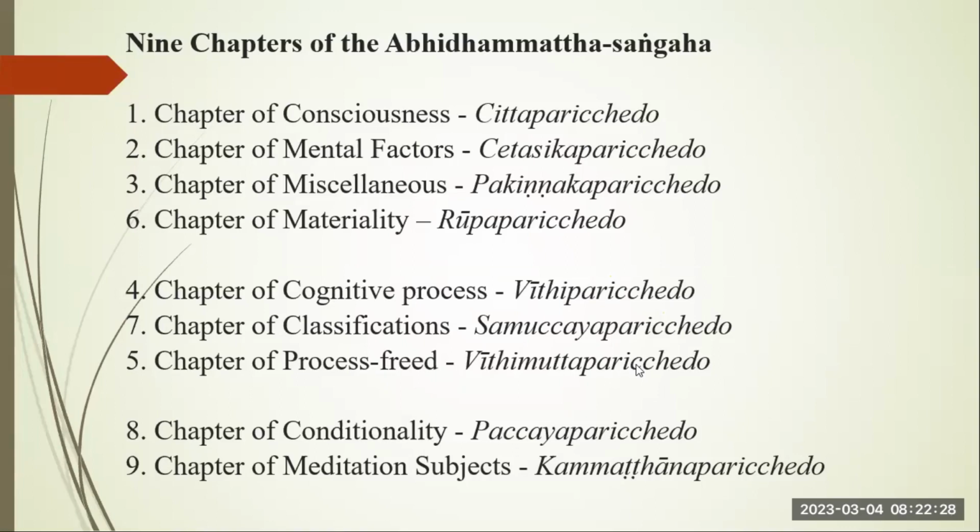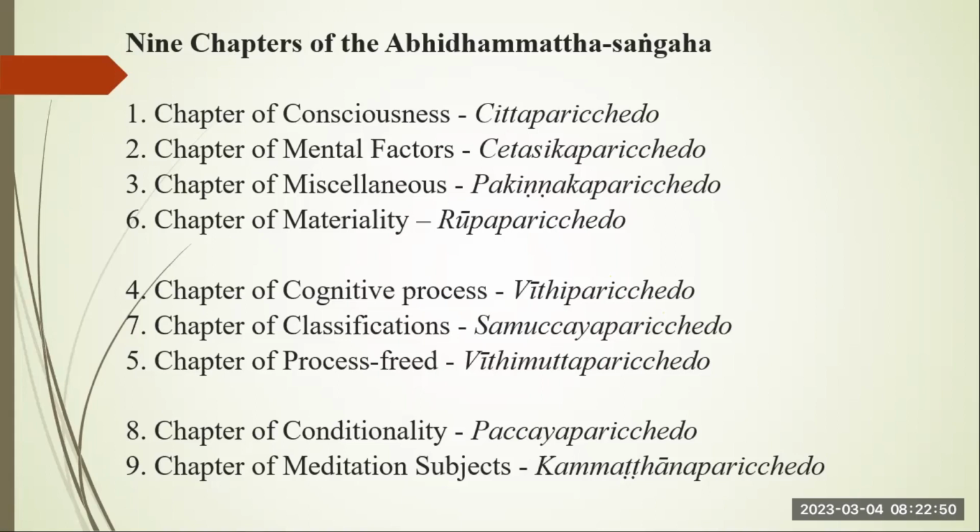This is for the second step. For the third step, we will learn chapter of conditionality, chapter 8, and chapter of meditation subjects, chapter 9, Paccaya Paricheda and Kammatthana Paricheda.